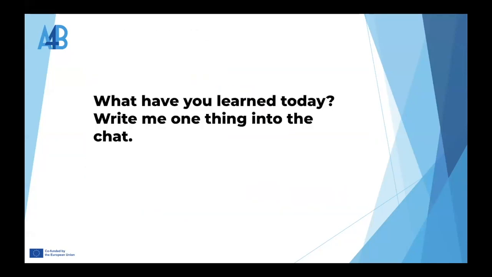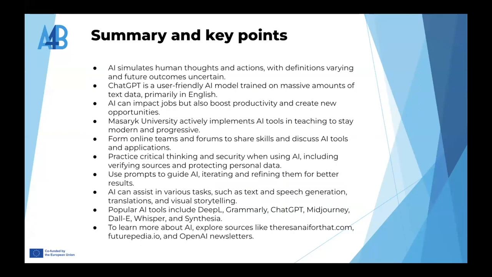And summary and key points. Do you think that I did this summary? Yeah, you are smiling. No, it was ChatGPT. How did I do it? It took me like 15 seconds, I think.